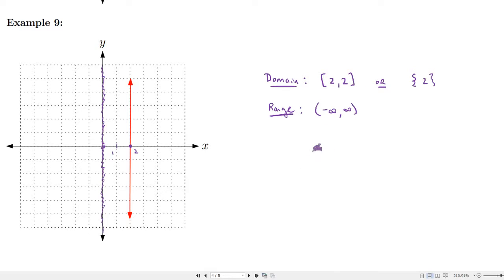Now, is it a function? Well, it doesn't pass the vertical line test, right? Because I could draw the vertical line at x equals 2, and it is hitting not only multiple times, it's actually hitting infinitely many times, right? So this fails the vertical line test.